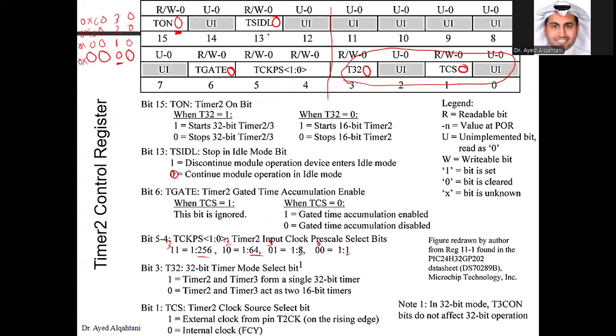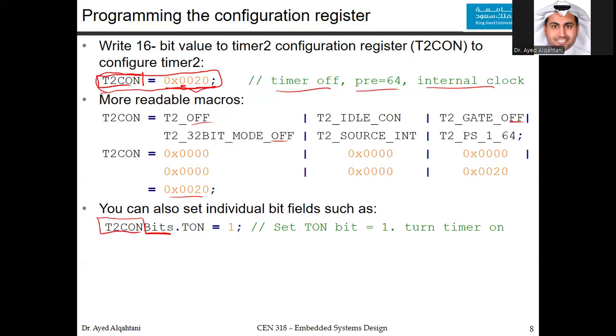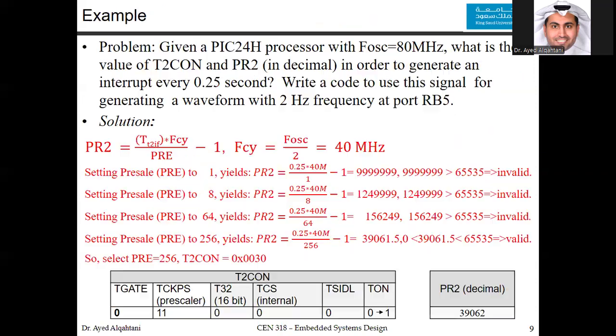Sometimes on, sometimes off, based on what we've discussed here. So here we have the TON, which is this field exactly, and you can say TON is equal to 1, meaning that now you are setting the timer to be on. And now the timer will start working from 0, 1, 2, ticking all the way to the period register. So let's have an example to understand all of what we've discussed so far.